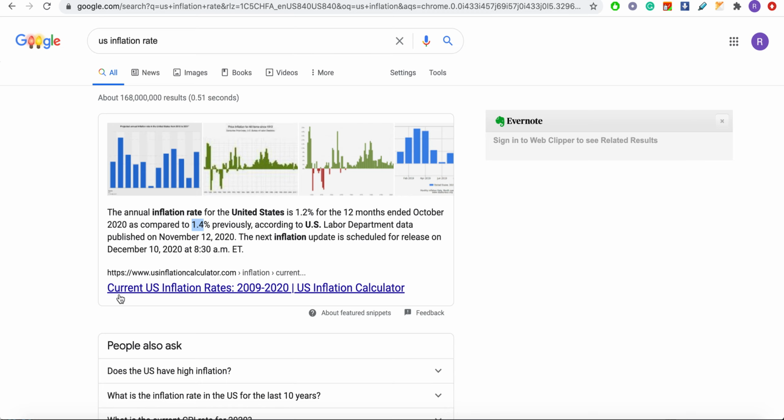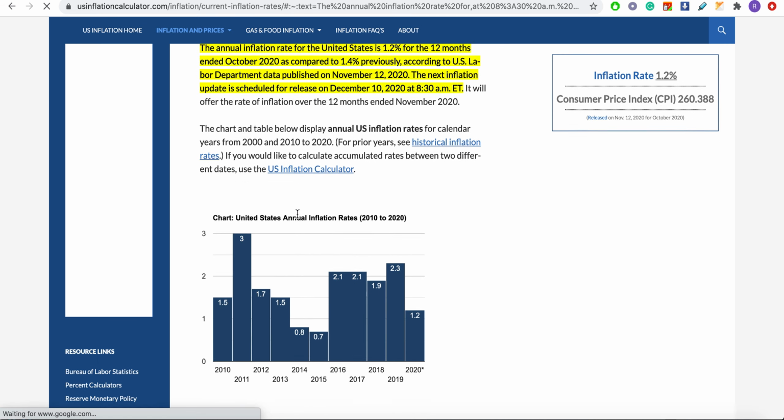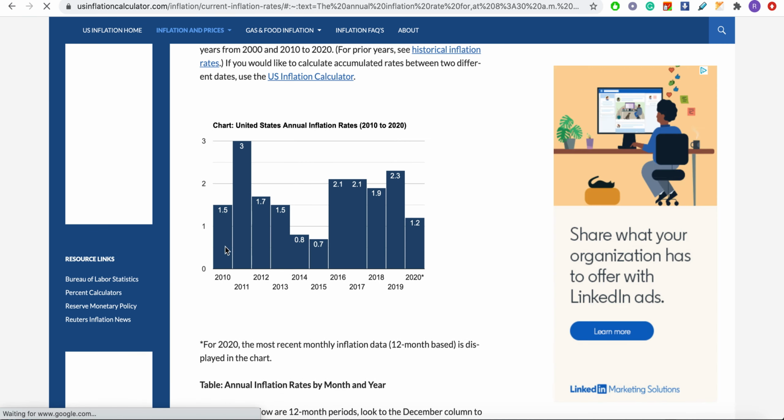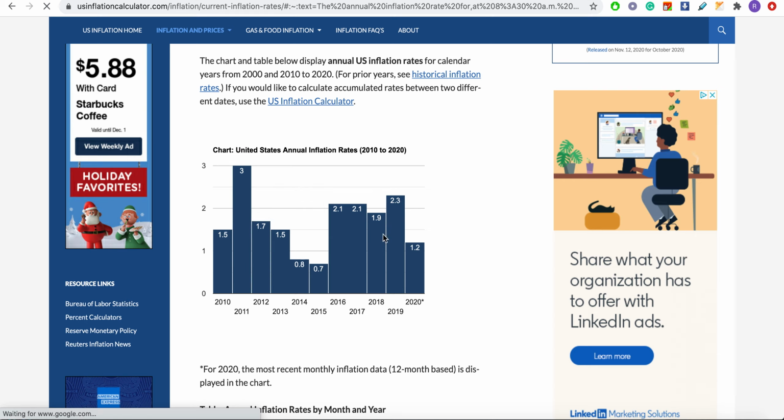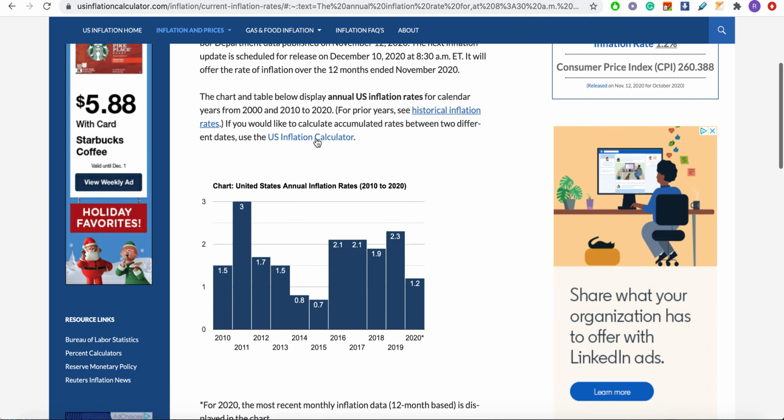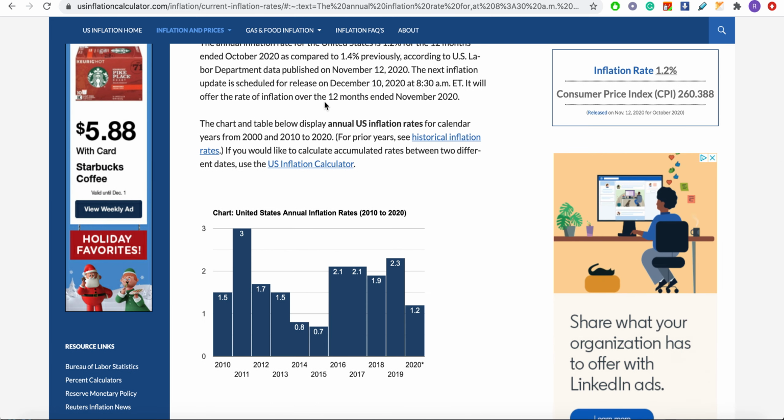If you look at 2009 to 2012, we have 1.53, 1.7, 1.5, so on average we're around 2. We can safely say the inflation rate is 2%. With inflation, if you are not investing, you are losing money.